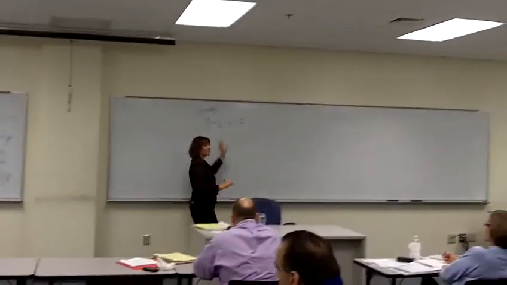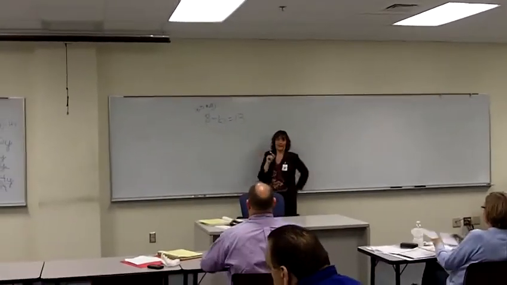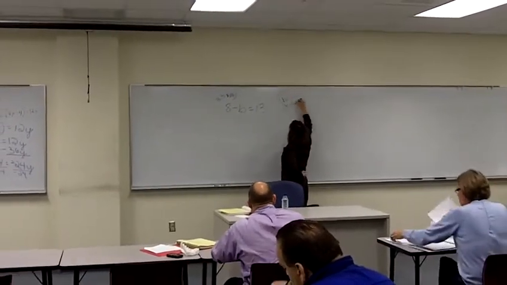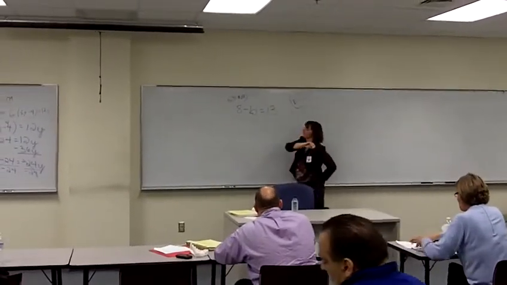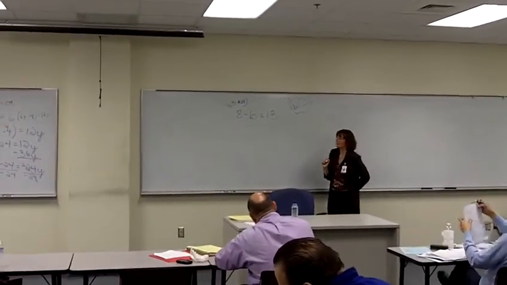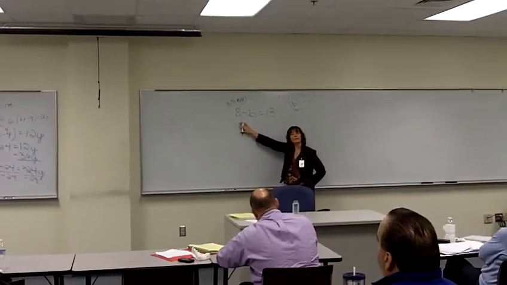All right, one last one before we dive into word problems for a little bit. What's our goal here? B alone. Get b by itself. How do I get b alone here? What must I do? Subtract 8. 8 is bothering, so we must subtract the 8. Why are we subtracting?